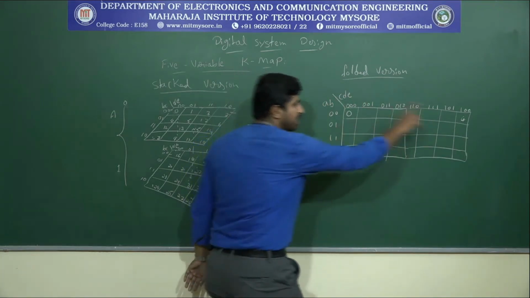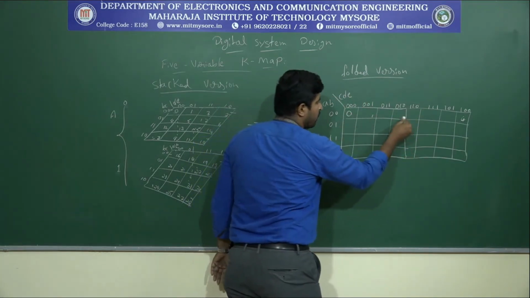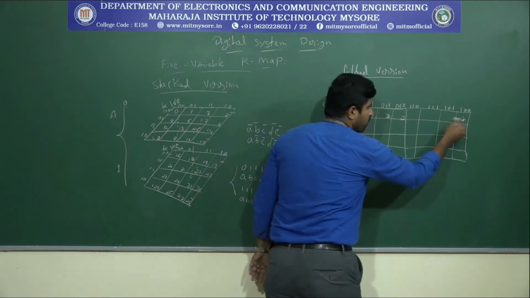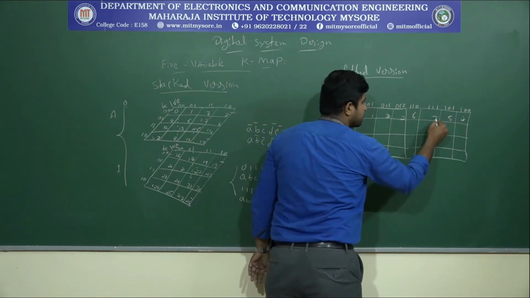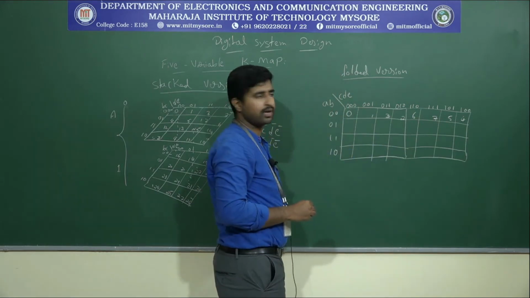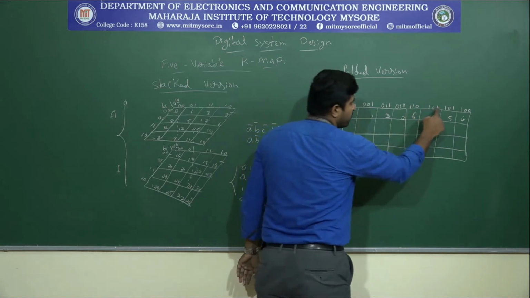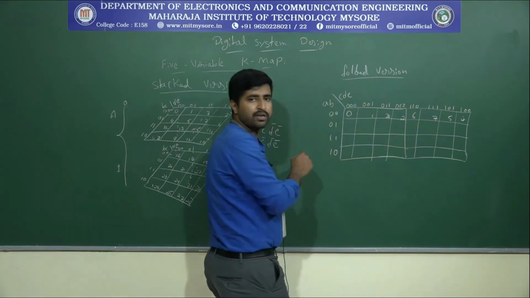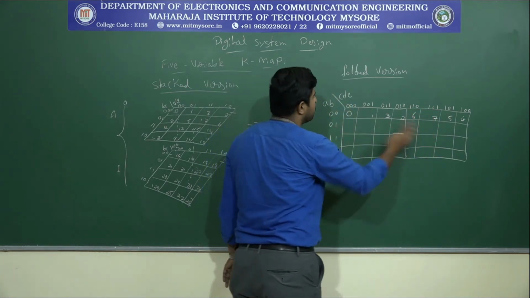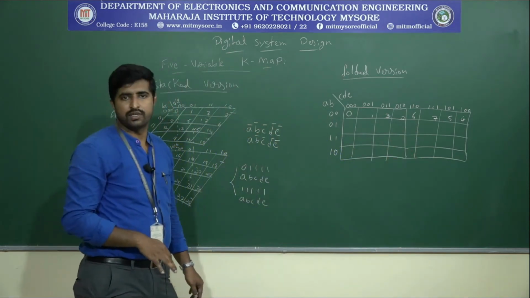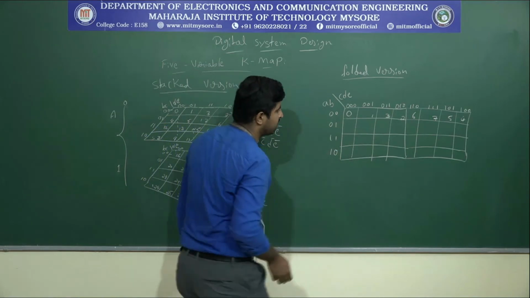So the cell numbers will be 0, 1, 2, 3, 4, 5, 6, 7. Like this we are going to write. Hope you understood. This version is called a folded version or a mirror image version. Okay, let's complete the cell values.